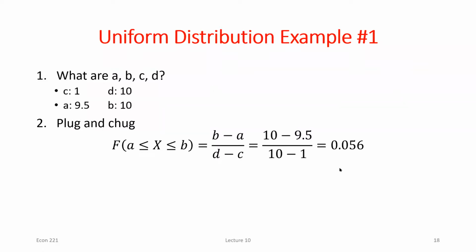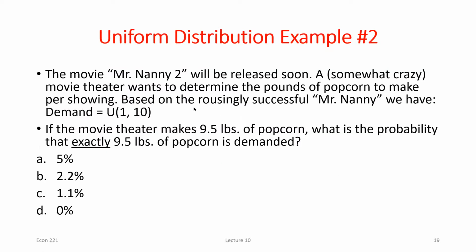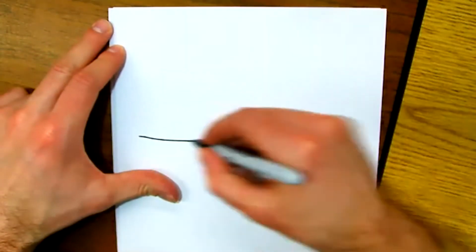So here's the work, I redid this for us. We plug everything in. What if I ask, what's the probability we see exactly 9.5 pounds of popcorn demanded? Right away, what should this probability be? I said earlier the probability of any one value should be 0, but let's think about why that is the case with this uniform distribution.